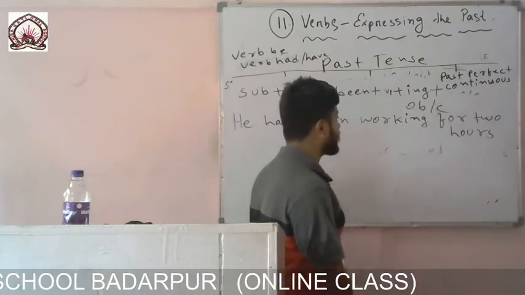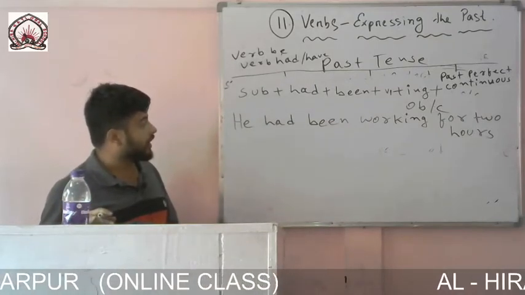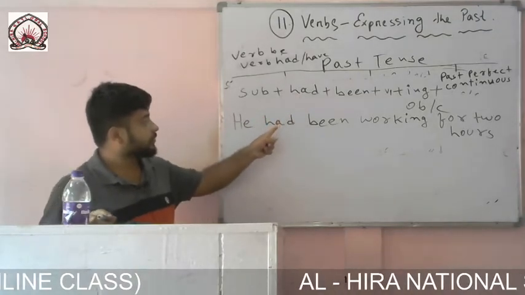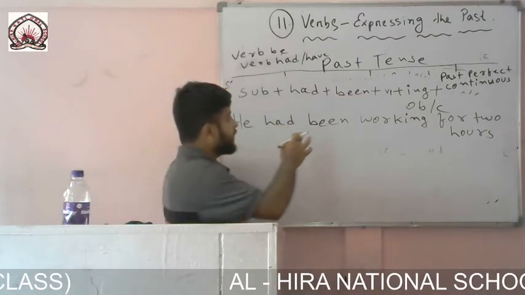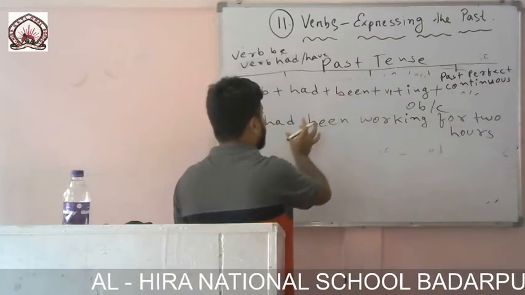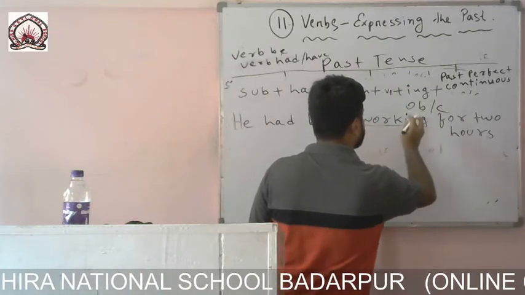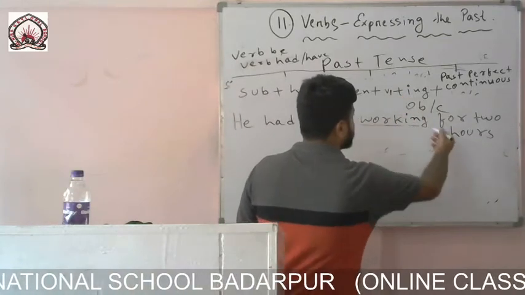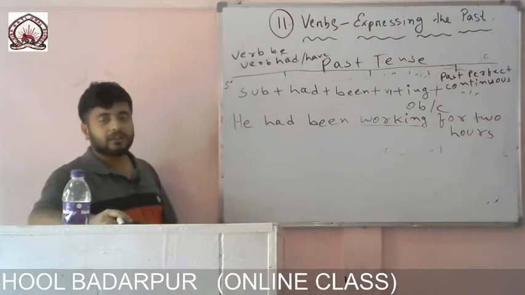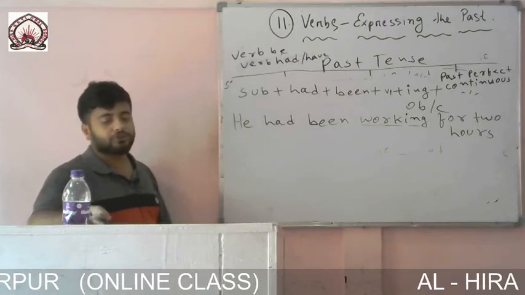He had been working for 2 hours. He had been working for 2 hours. He is the subject, then had is there. Then according to this formation, after had we have to write been, then first form of the verb plus ing, then this is object or complement. And here had is used to form tenses.